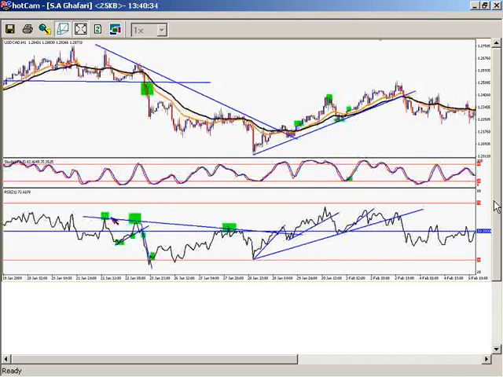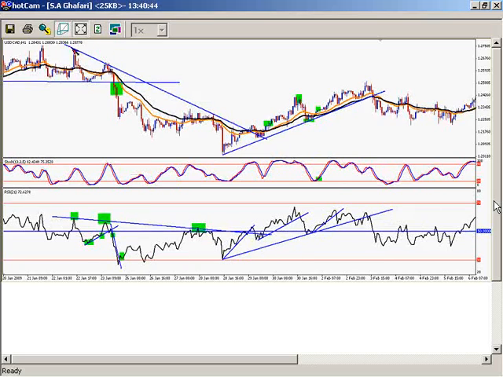So we can consider this line as a downtrend line, which, as you can see, agrees with the trend line on the price chart.